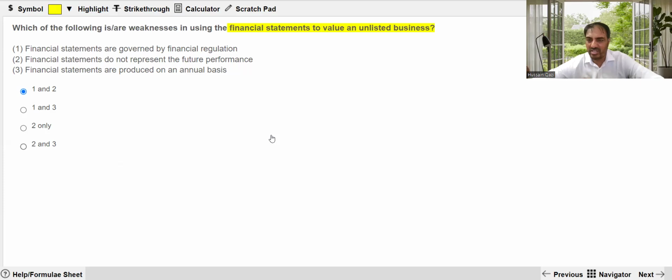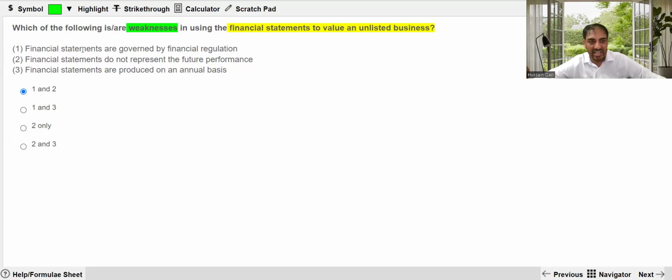Again, this type of question is about financial management function and environment. So the content of the syllabus is financial management function and environment. And what the examiner asks here is, which of the following is or are weakness? You need to identify weakness. So read it carefully. Weakness statements. Read it carefully.